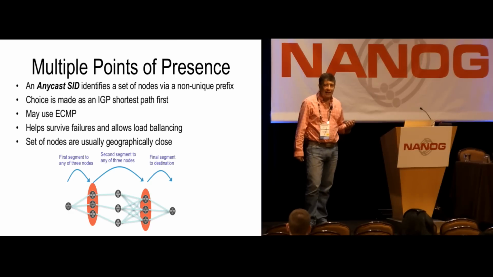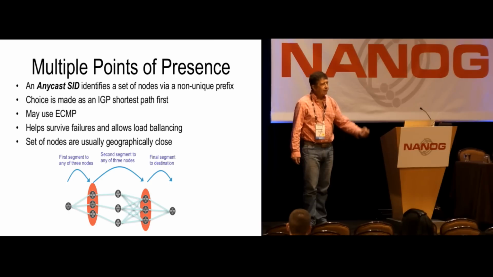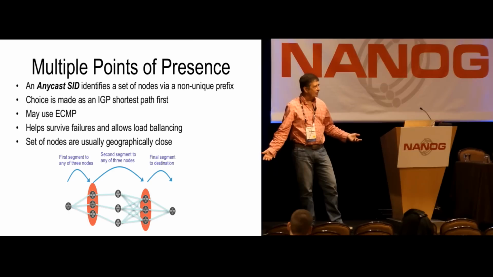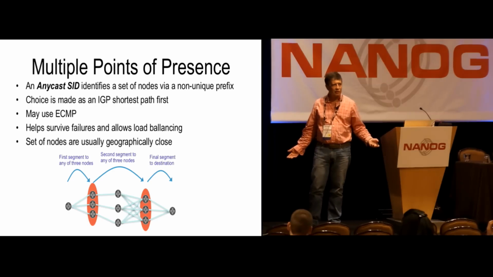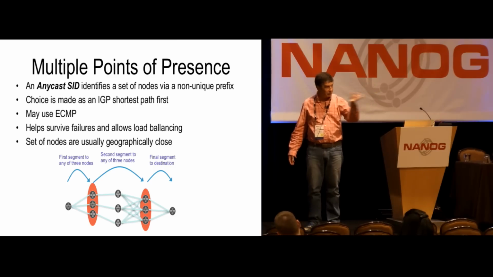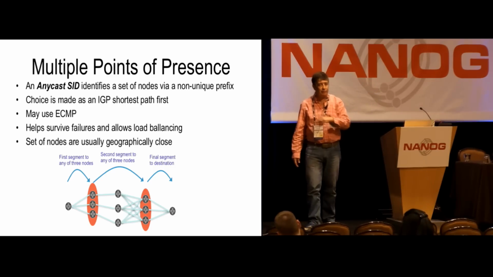Let's talk about what happens if you're sending a packet, it's in flight, and the endpoint of your segment just goes away. The router reboots. How do you get the packet to its destination? Do you have to drop the packet and wait for head-end signaling to work and find a whole new path?